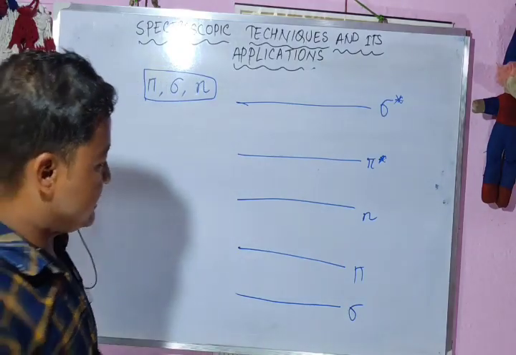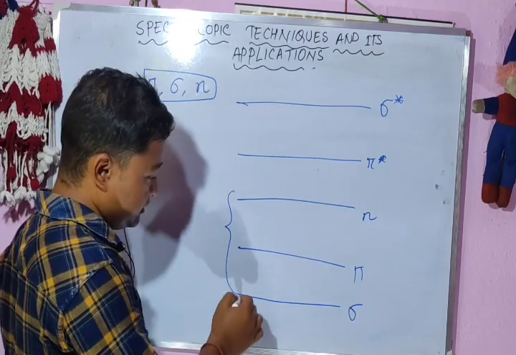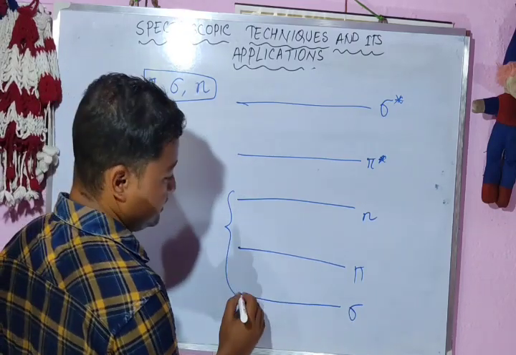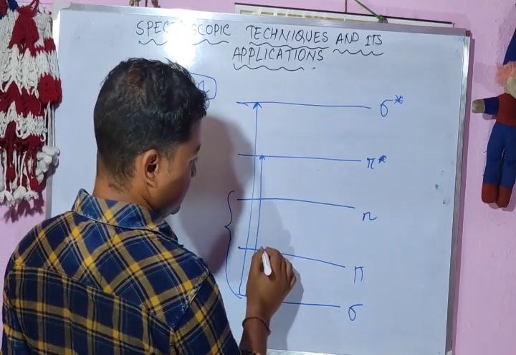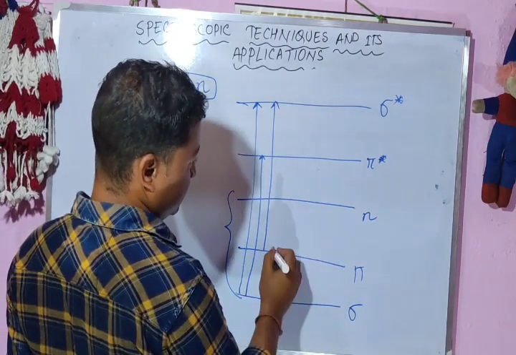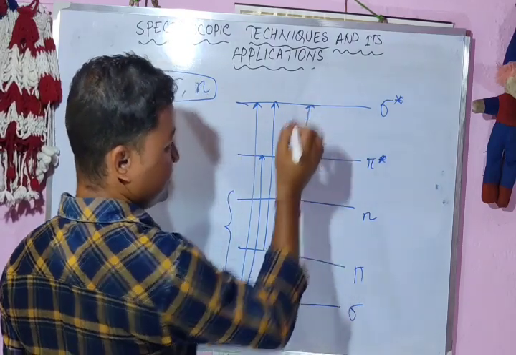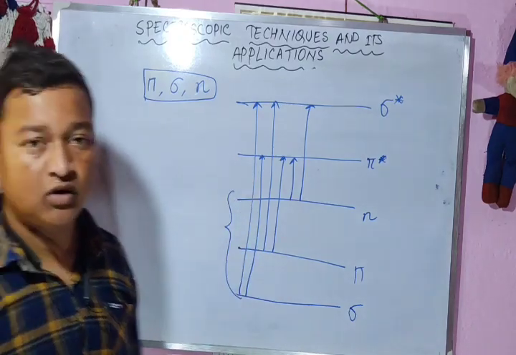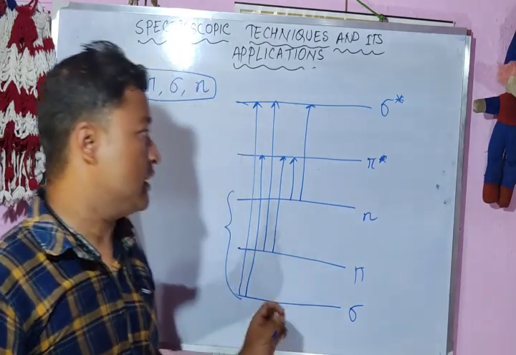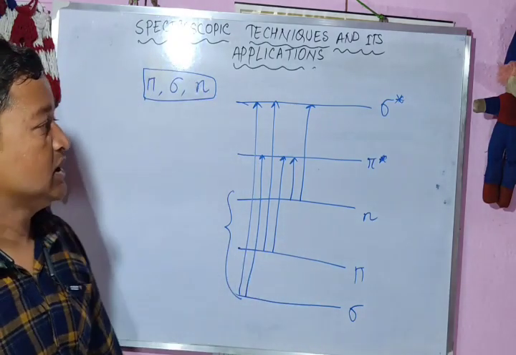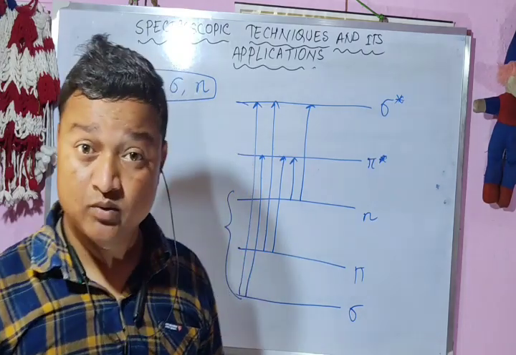So if we consider the electrons present in a molecule in this way, the transitions that can occur are sigma to sigma star, sigma to pi star, pi to sigma star, pi to pi star, n to pi star and n to sigma star. Total 6 types of transitions, but actually all 6 types do not occur because there are some selection rules.